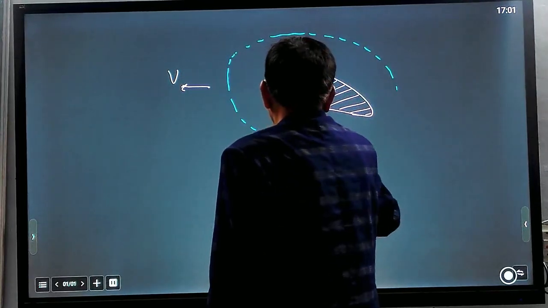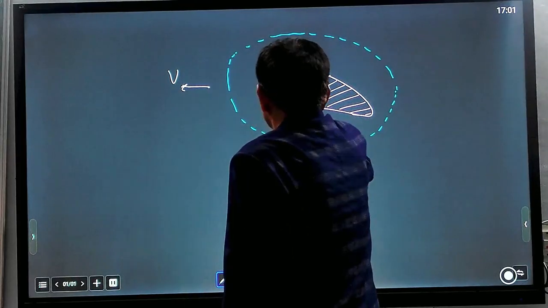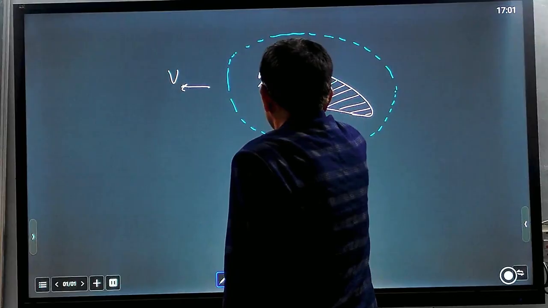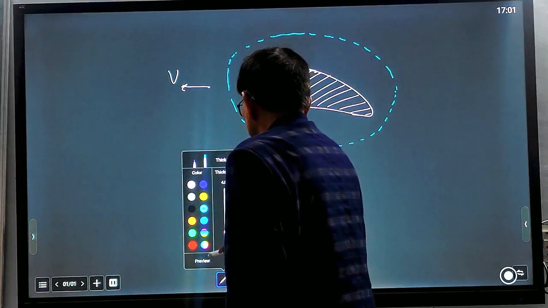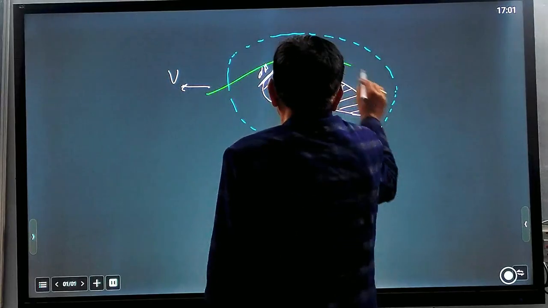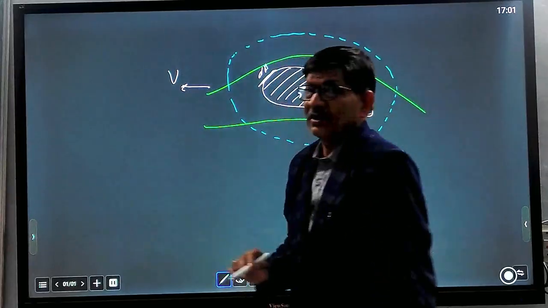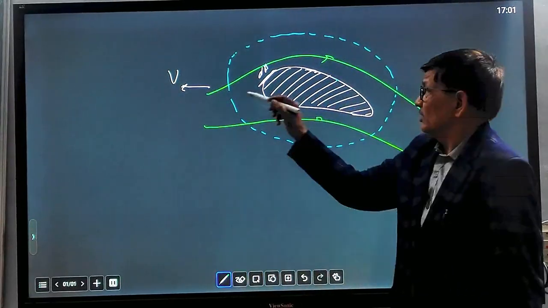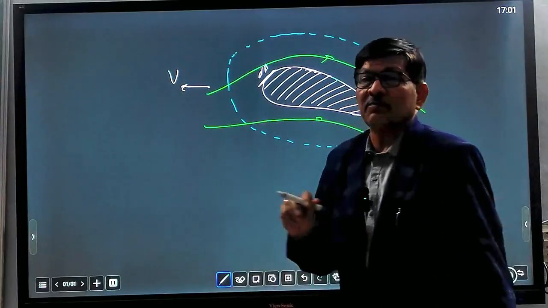Take the surrounding atmosphere, and take a very small area dA. The surrounding stream of air will pass like this. This is a streamlined motion over the wing, because wings are aligned in such a way that the flow will be streamlined over the surface, so that the drag will be minimum.